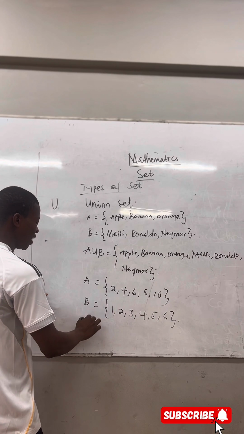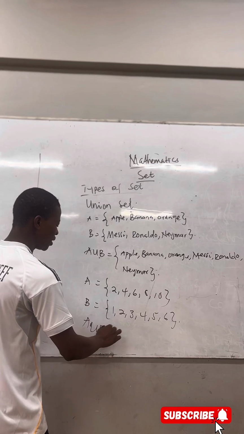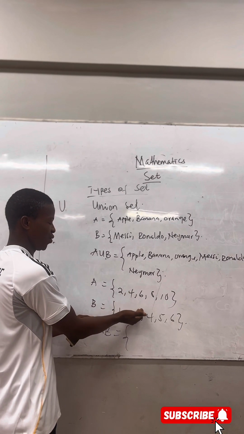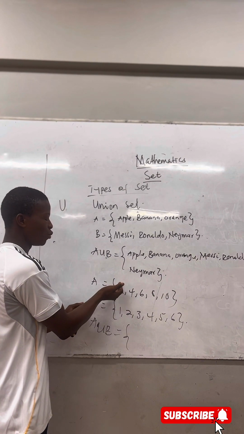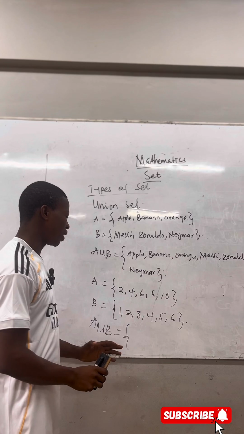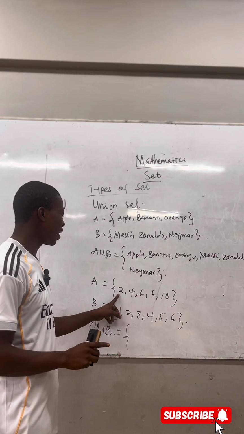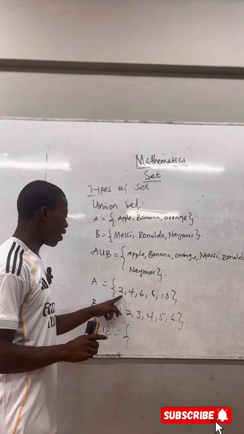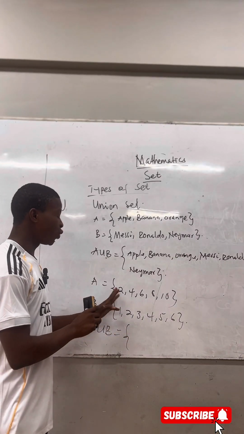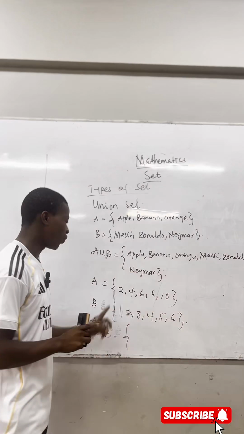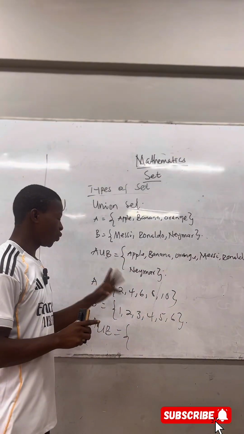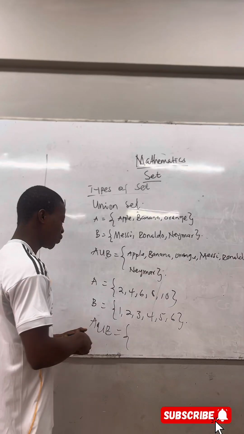And they said we should find A union B. It means that we bring A and B together, but it should be in order of magnitude, and we shouldn't repeat numbers. If a member of A has repeated in B, we should write only 1. For instance, we are having 2 here, 2 here. We shouldn't write 2, 2. We should only pick one of the numbers and write.